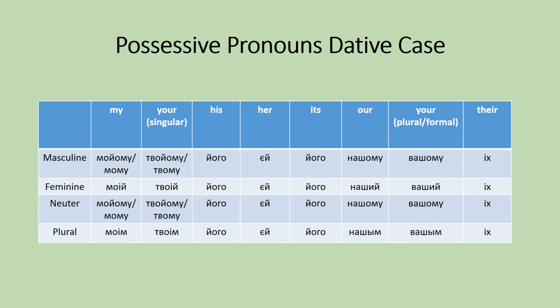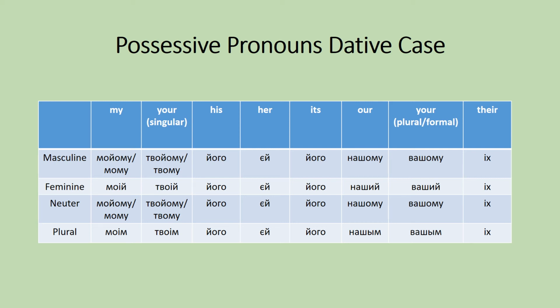Next, let's go on to neuter. My is mojomu, or alternatively, momu. Your singular is twojomu, or alternatively, twomu. His is yoho.